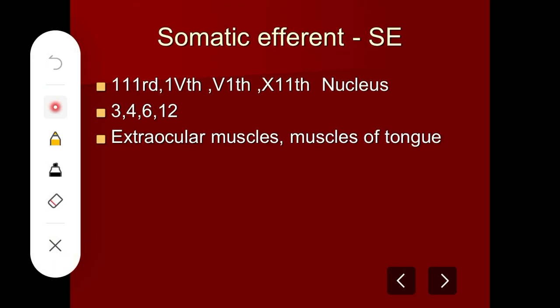So now you can say the nerves that is going and supplying the extraocular muscles, what are they? They are 3, 4 and 6. Do you remember that? When extraocular muscles were taught to you, you were remembering that formula. All the extraocular muscles are supplied by oculomotor nerve except what?